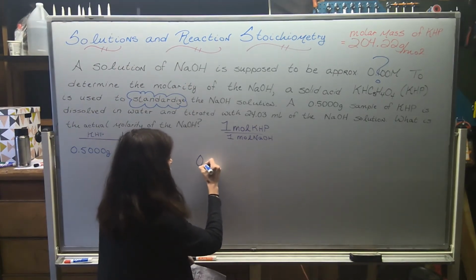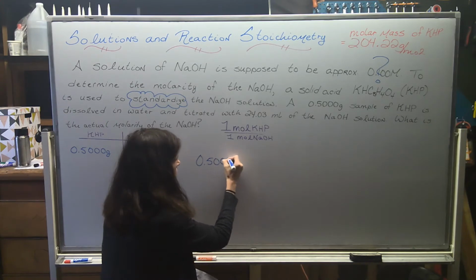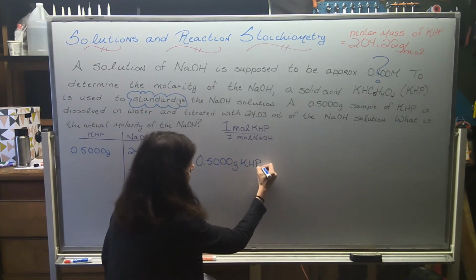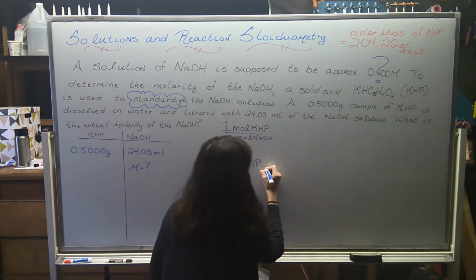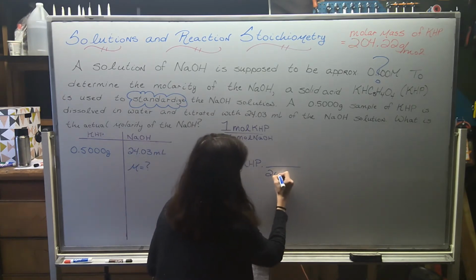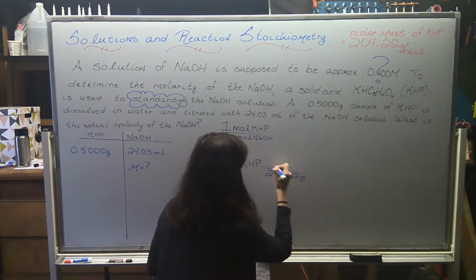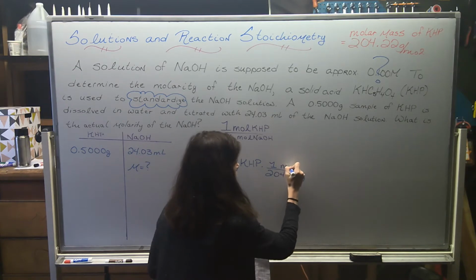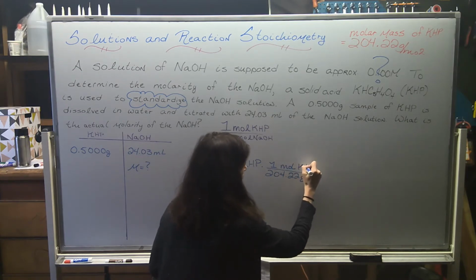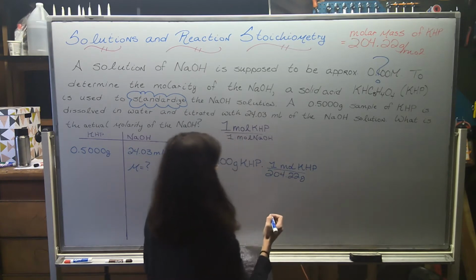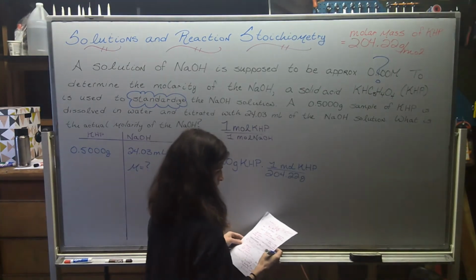So I have 0.5000 grams KHP, and there's 204.22 grams in 1 mole of KHP. And that's going to give me the moles of KHP.